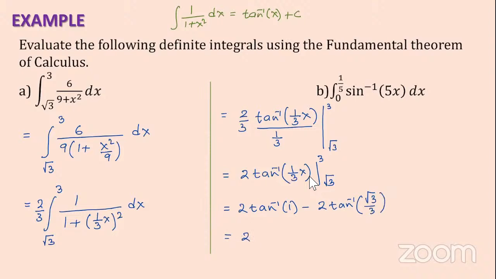That is equal to 2 tangent inverse 1. The value of tangent inverse 1 is pi over 4, minus 2 times the value of tangent inverse square root of 3 over 3, which is pi over 6. So if we simplify this, it is equal to pi over 6. So that is the value of the integral given here in part A.